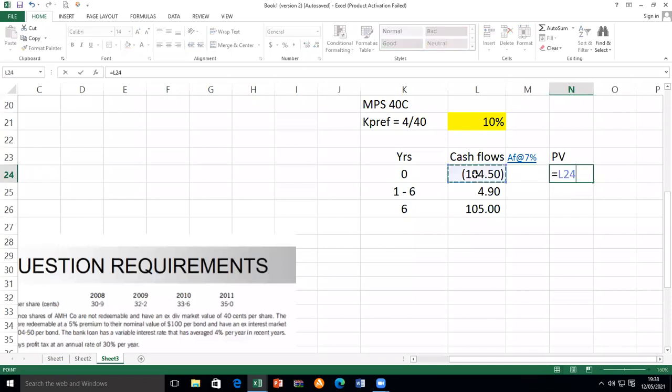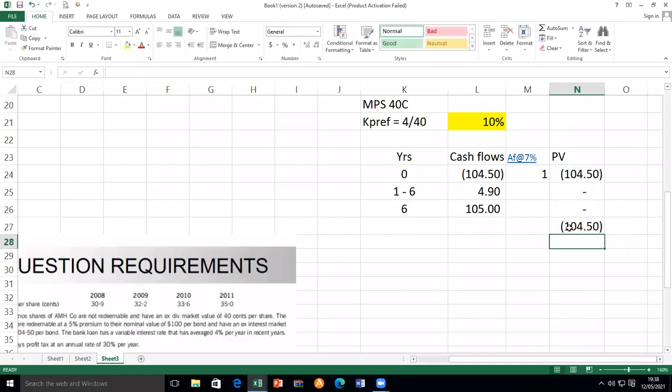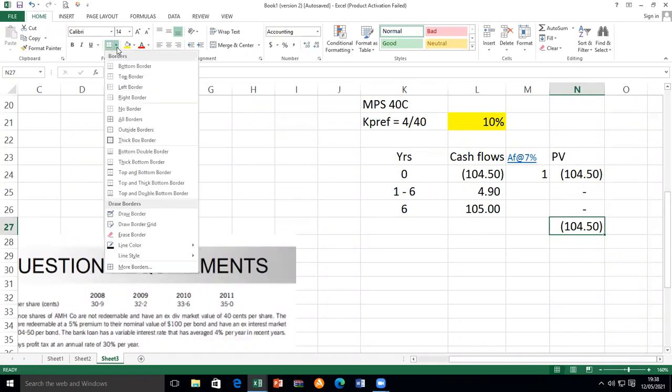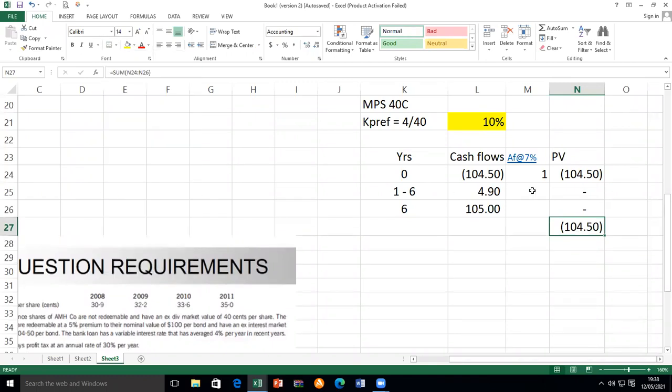Anyone to help us with the values? The annuity factor at 7% is 4.767.